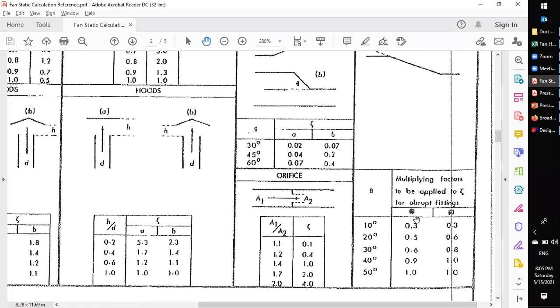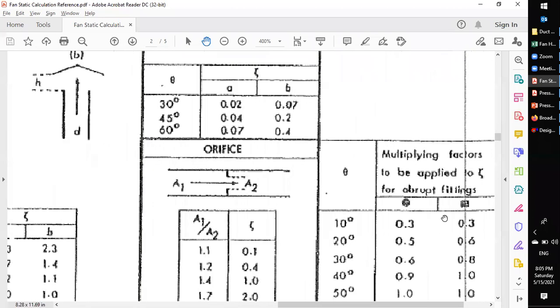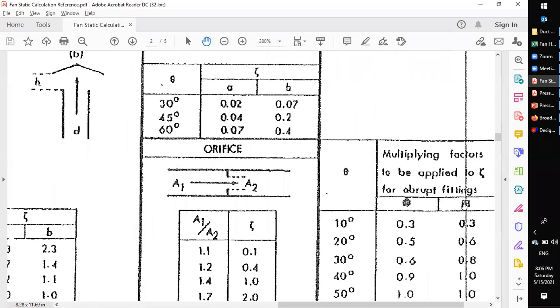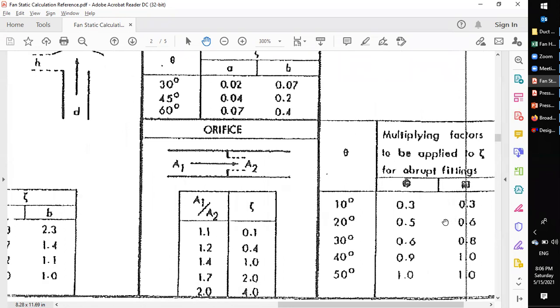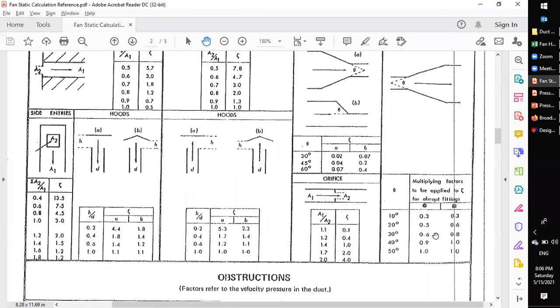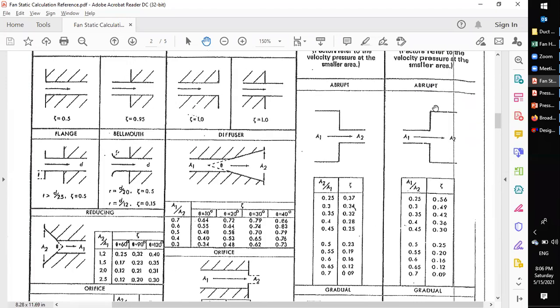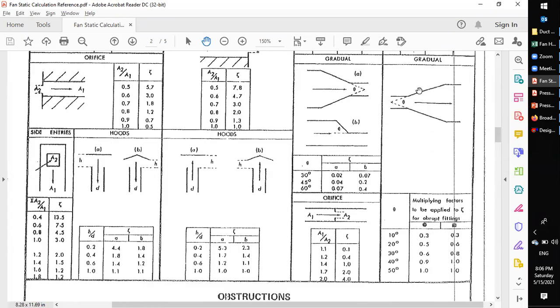This symbol here is if you're using circular duct. This symbol here is if you're using square duct. So this is your abrupt and this is your gradual. So we're using rectangular at 45.